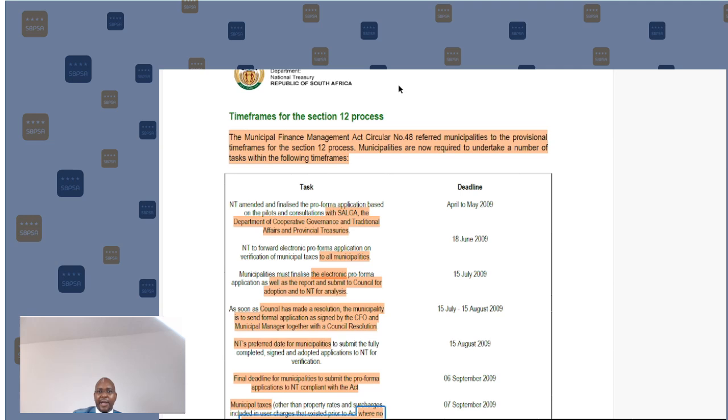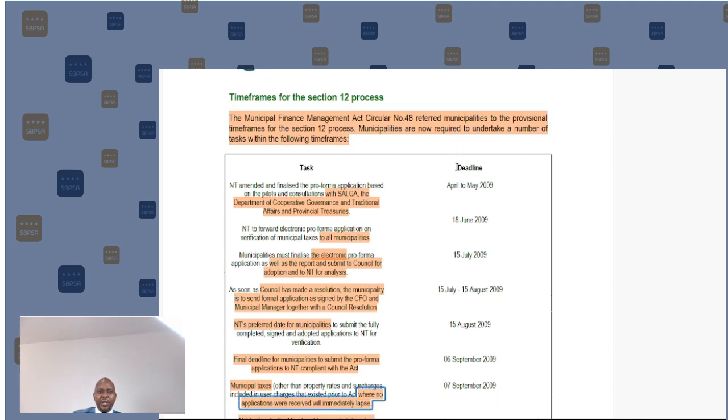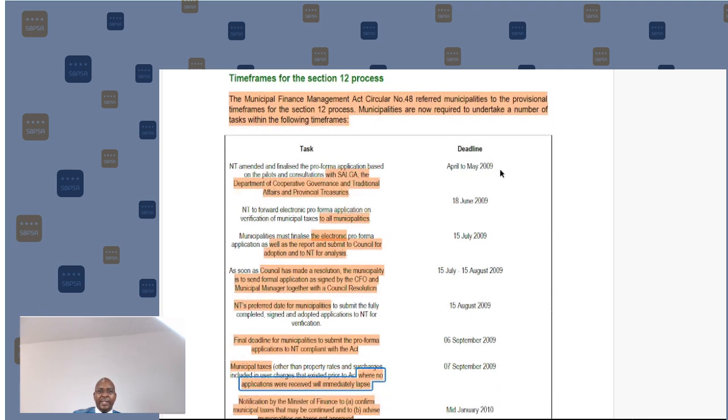Time frames in terms of section 12: the Municipal Finance Management Act circular 48, as we have seen, referred municipalities to the provisional time frames for the Section 12 process. So the municipalities are now required to undertake a number of tasks within the following time frames. Okay, so number one, the time frames are provided in terms of months. That is month 1, April to May 2009.